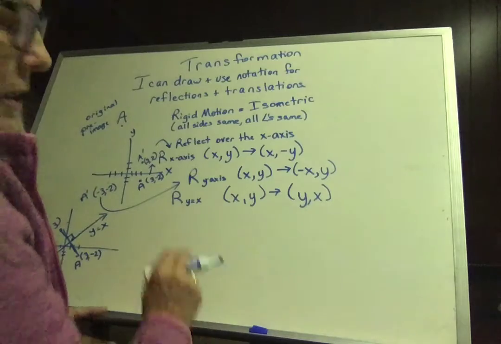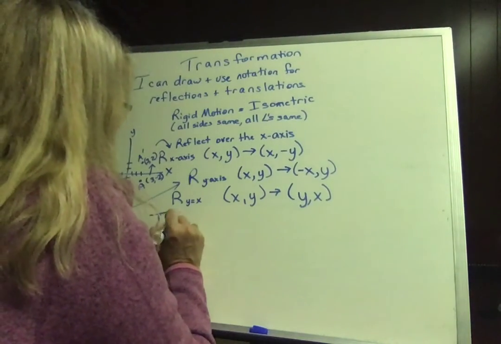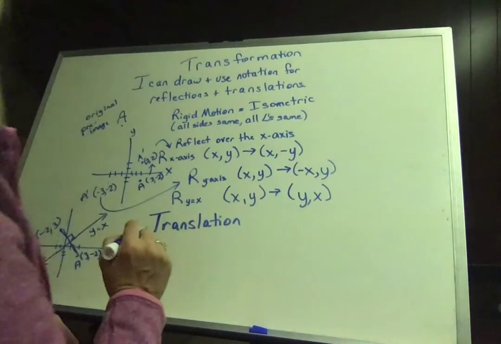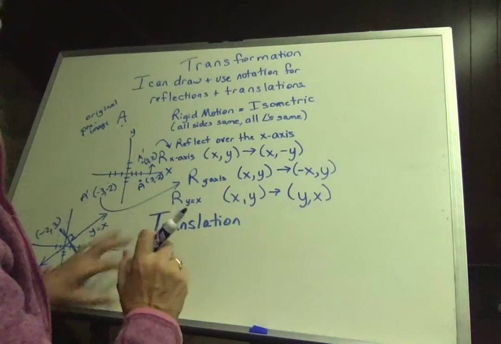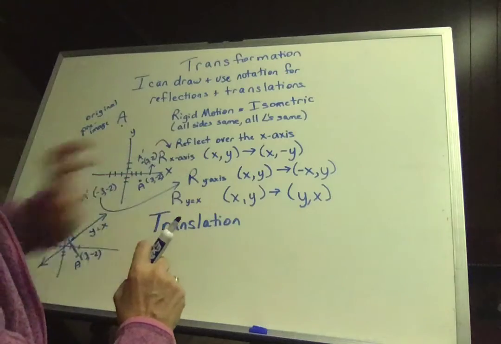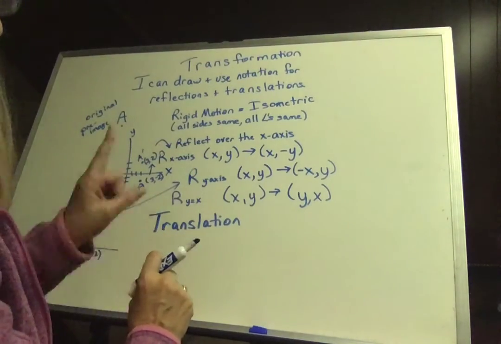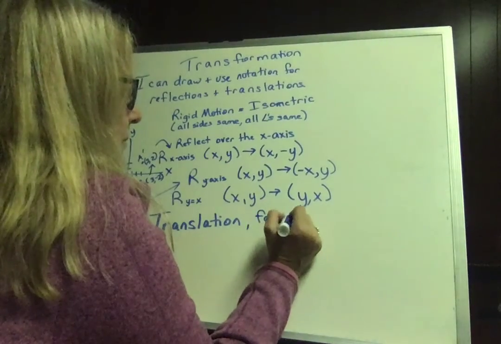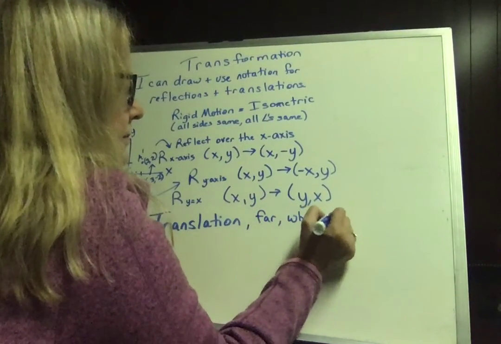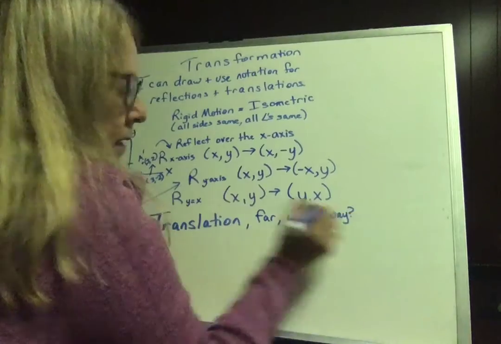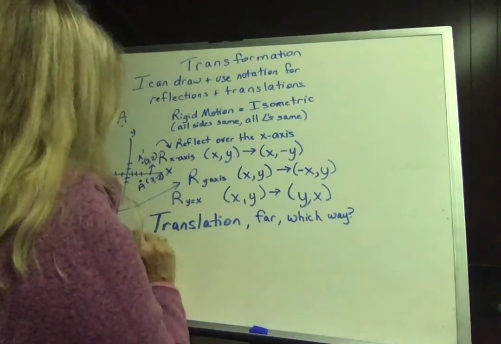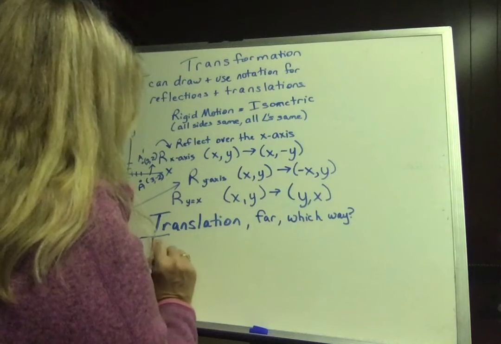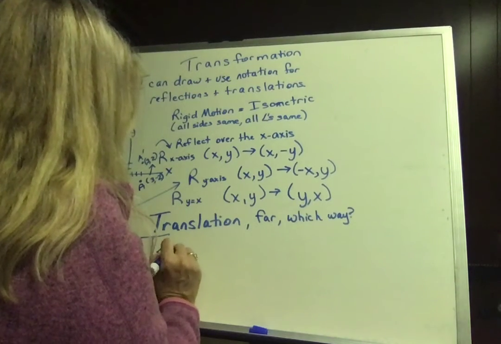There is one more that we'll look at, is the translation. That's just a slide. So to do a slide, they don't tell you the line that it's going to flip over. They tell you how far and which way. How far and which way. So they typically, translation, T instead of R, we call this h, k.